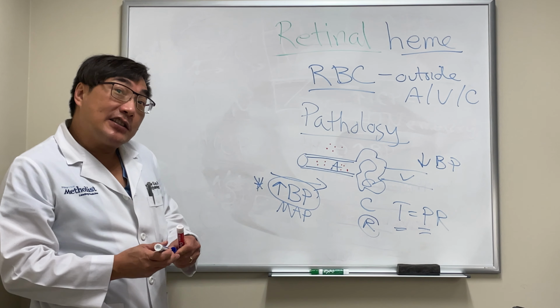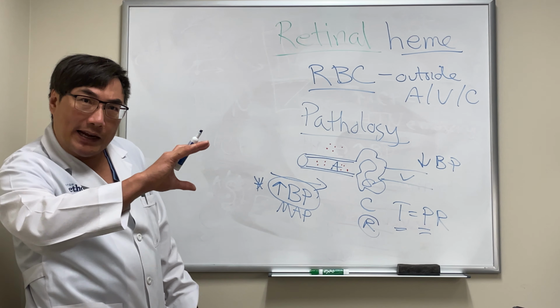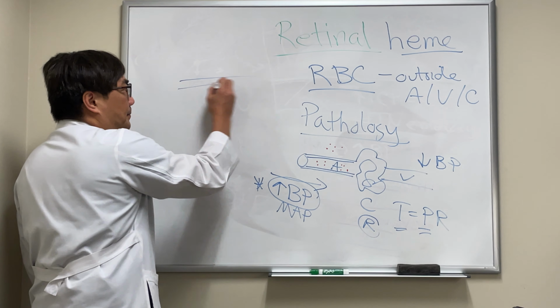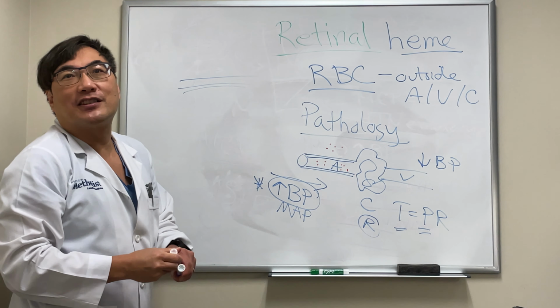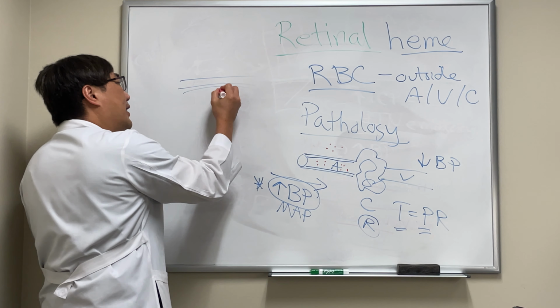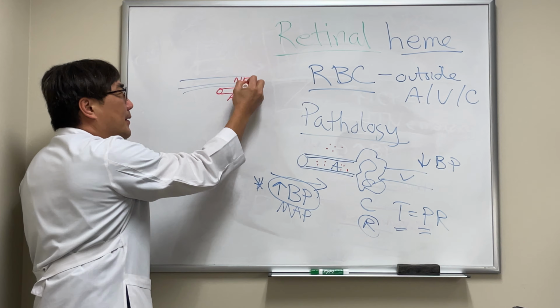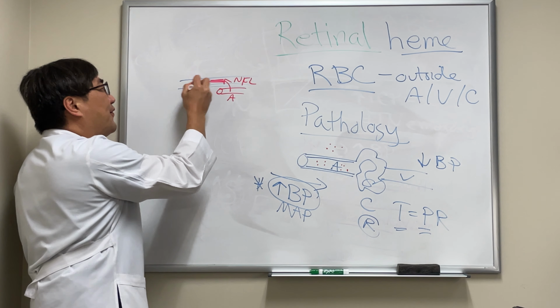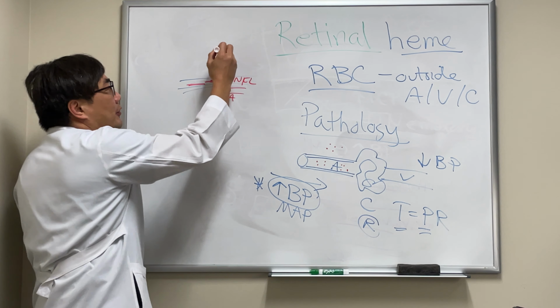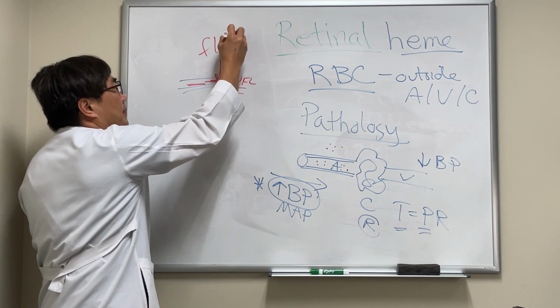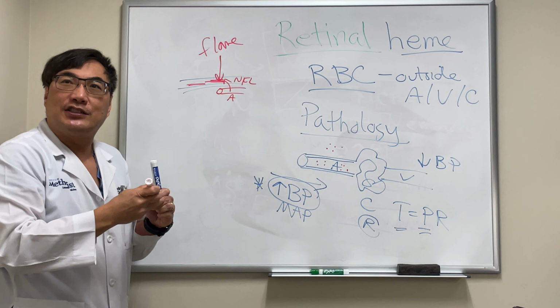And because the blood vessels are in the superficial layer, right under the nerve fiber layer, that's where the hemorrhages occur. So when it leaks, we get flame-shaped hemorrhages. Those hemorrhages are flame-shaped because the nerve fiber layer is shaped that way.